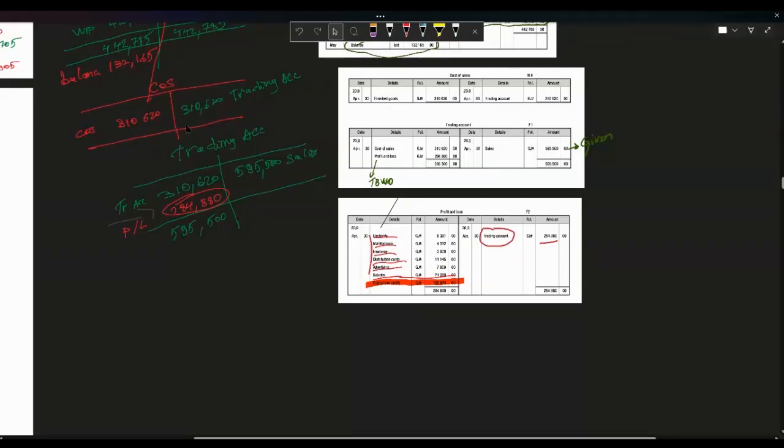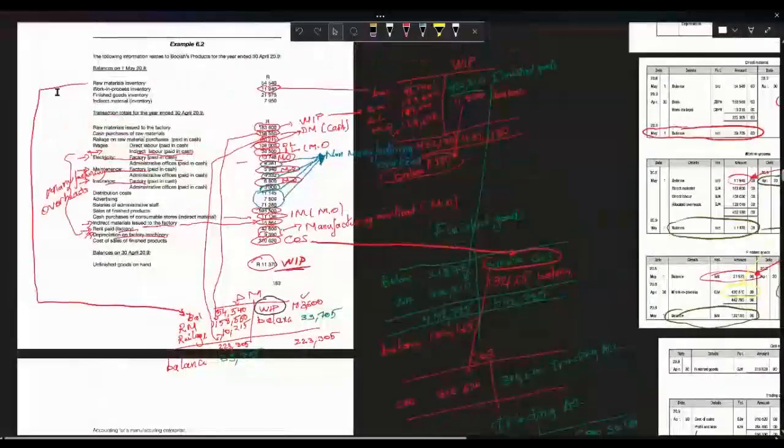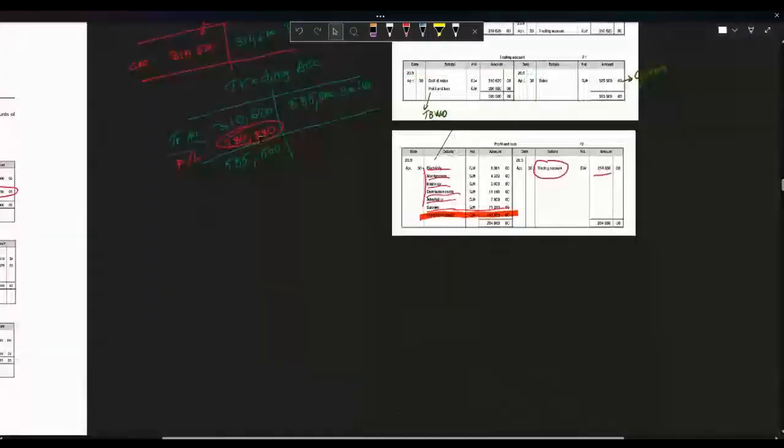So we put all the electricity that belongs to the offices, not electricity that belongs to the manufacturing, and maintenance that belongs to the administrative offices, not to the manufacturing, right?